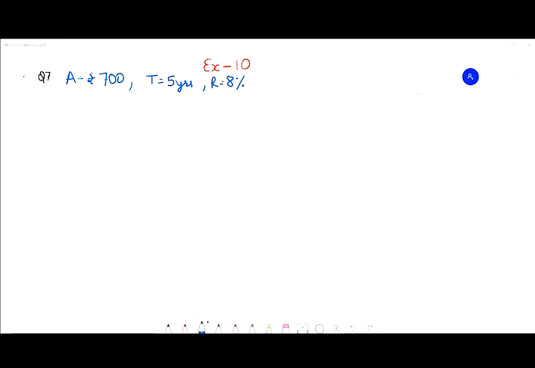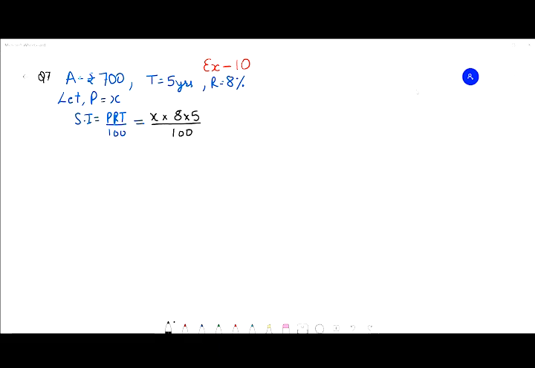Now what we will do, we will take P as X. If P is X, we'll find out the SI. You know the formula, P.R.T by 100. I'll write it once again because I started anew. What is P? That is X multiplied by rate 8, multiplied by time, by 100.